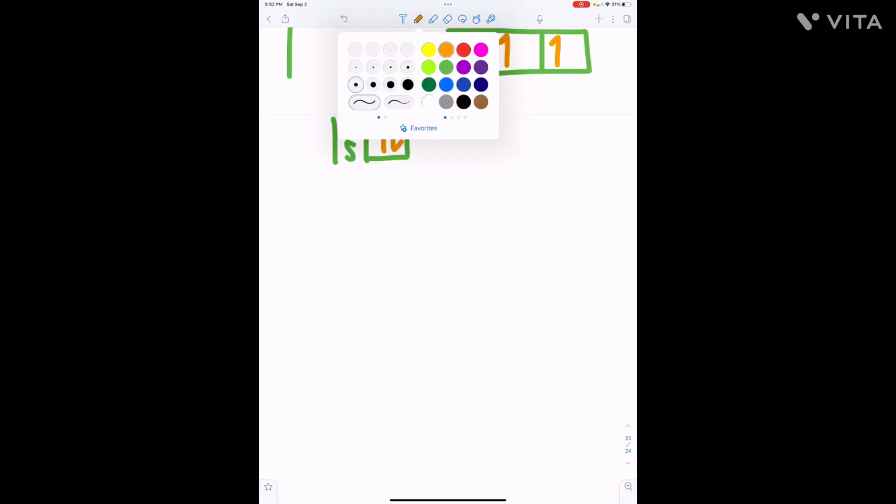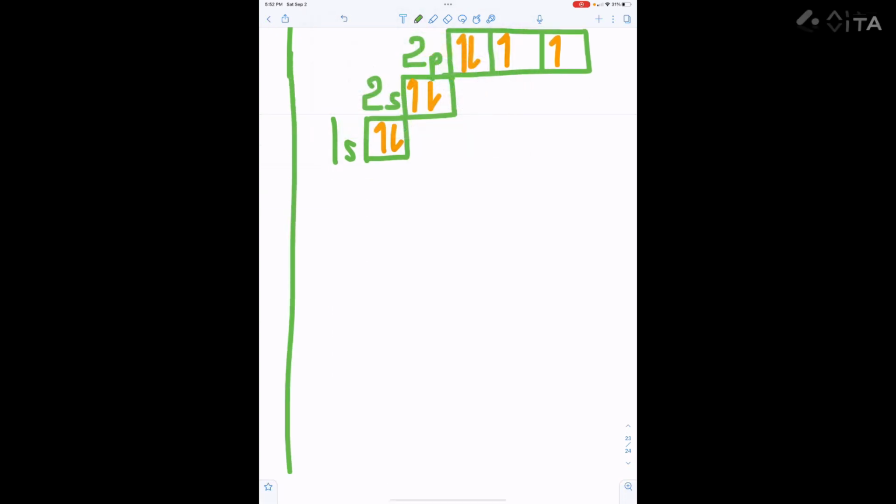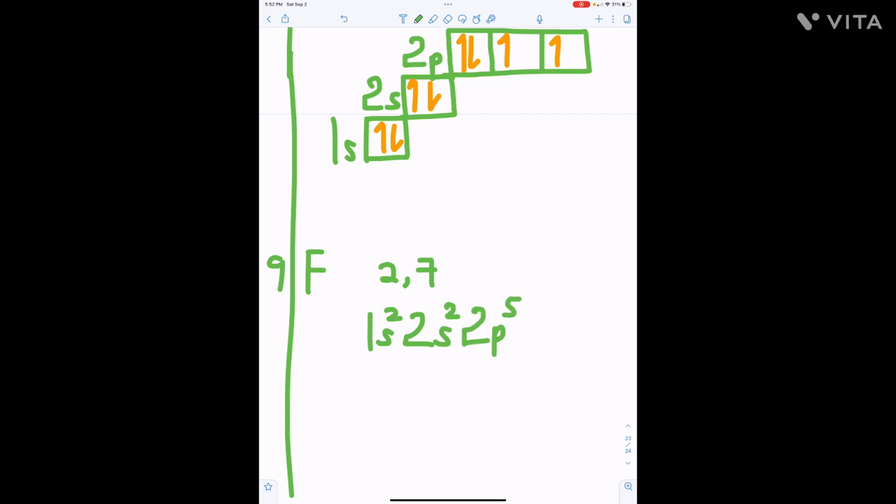So next is what? Next is fluorine, F. That's 9 electrons in its atom. 1s2, 2s2, 2p5.